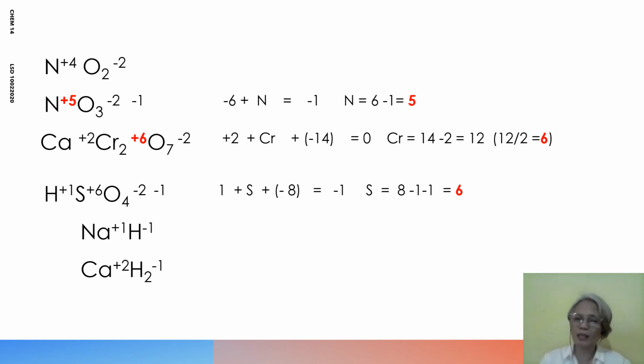If there is a decrease, that would mean electrons are gained. And in the end, the number of electrons lost must be equal to the number of electrons gained. So normally you do the crisscross method. No? The coefficient of the substance, for example, which loses an electron must be equal to the number of electrons gained by the other substance.